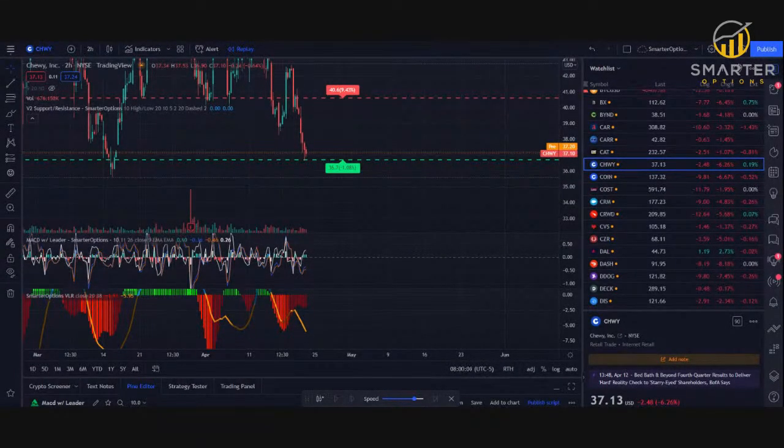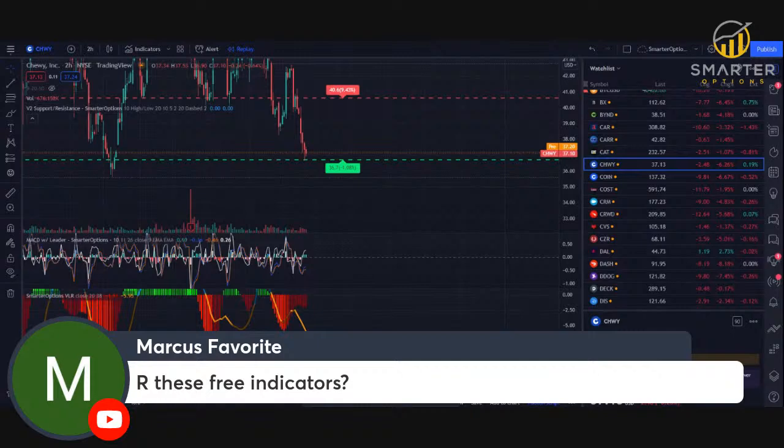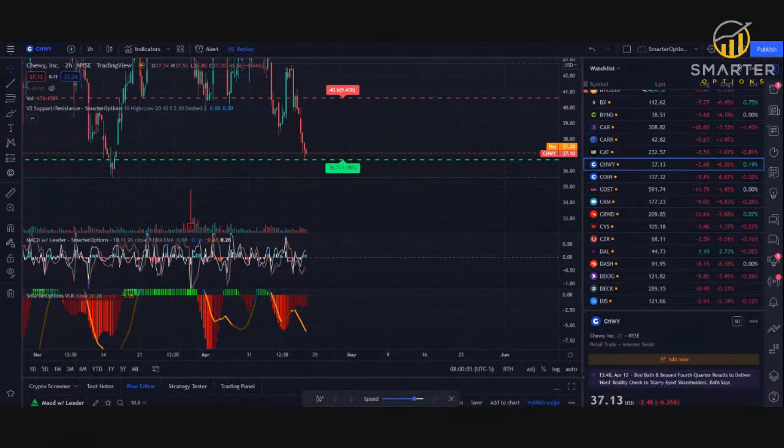Yes, these are free indicators, and I just shared them in the Discord. I didn't just share the indicators; I shared the whole setup. I took this and pasted it for you guys. So you'll copy the web address that I posted in the Discord under live streams, and then you'll open it up and log into your TradingView.